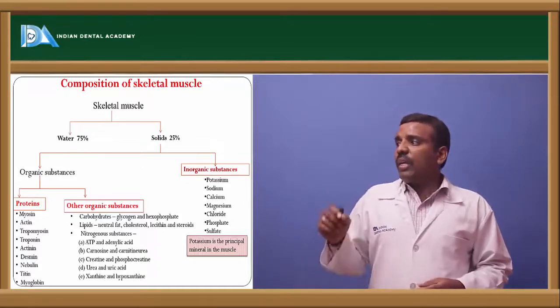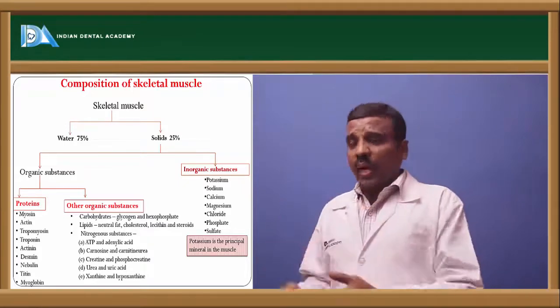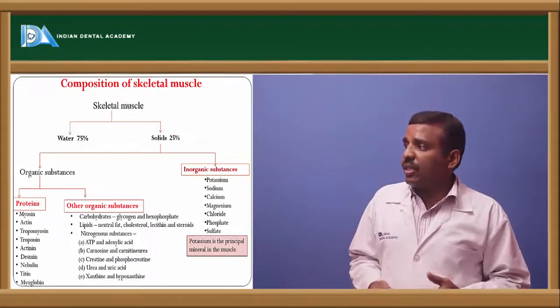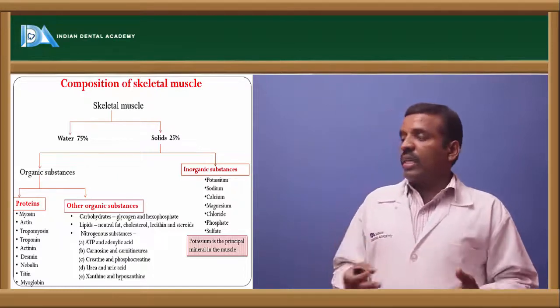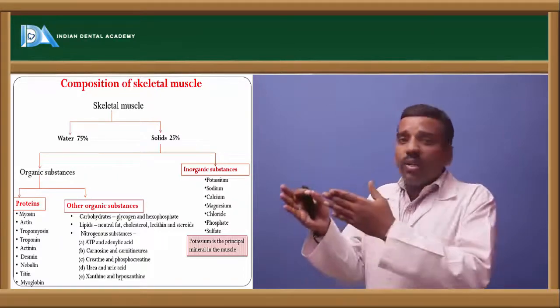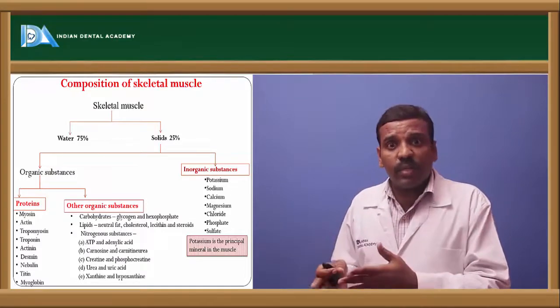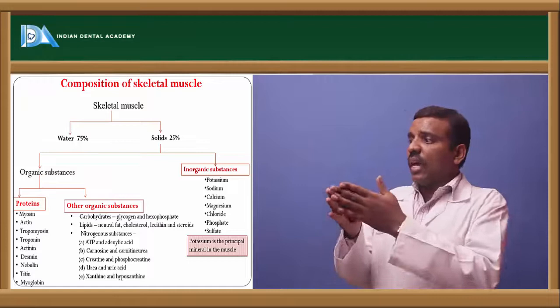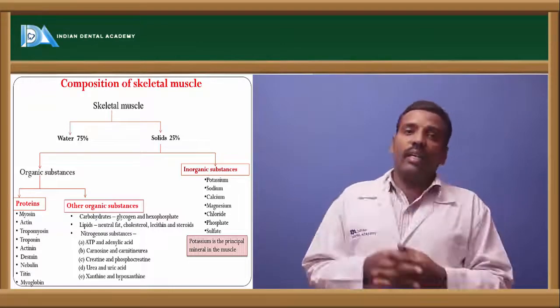The inorganic substances are potassium, sodium, calcium, magnesium, chlorides, phosphates and sulfates. The organic substances are again divided into proteins and other organic substances.